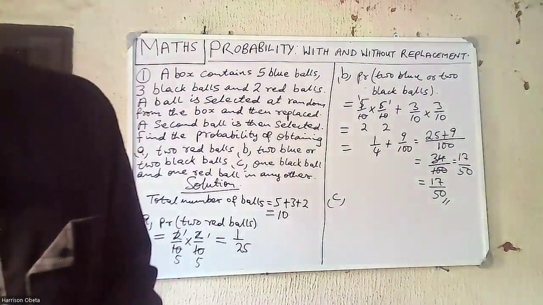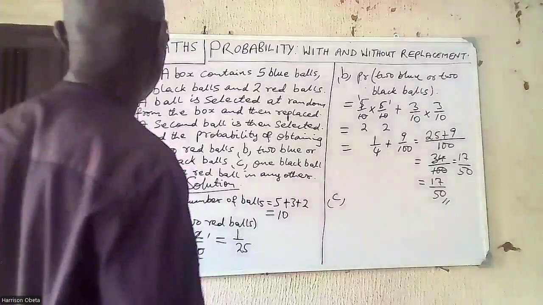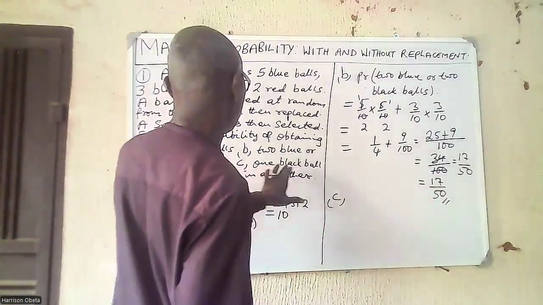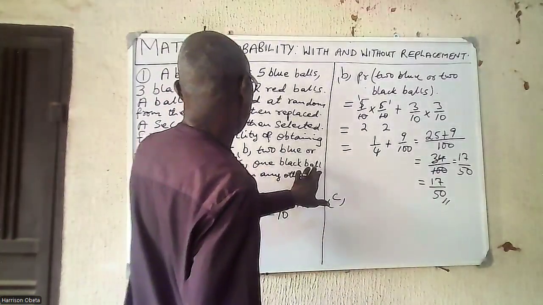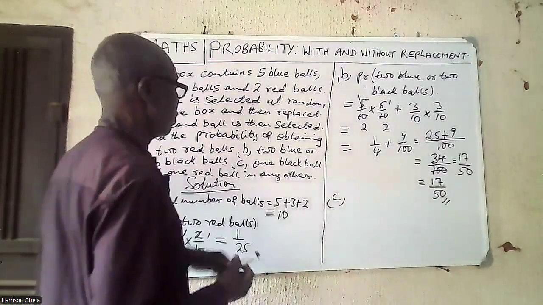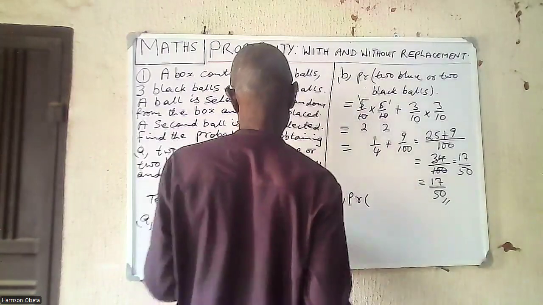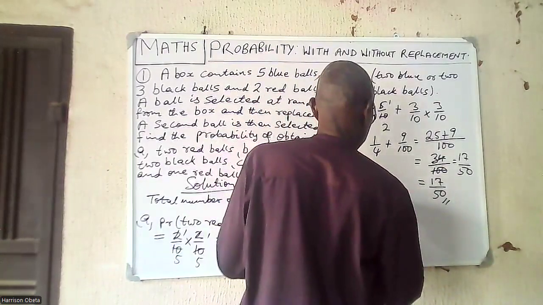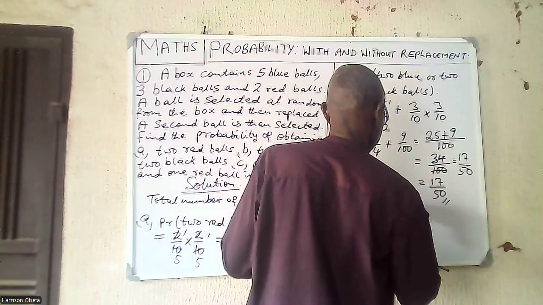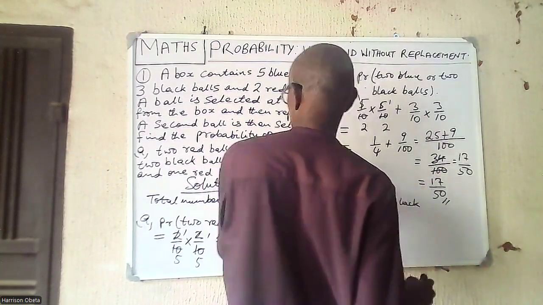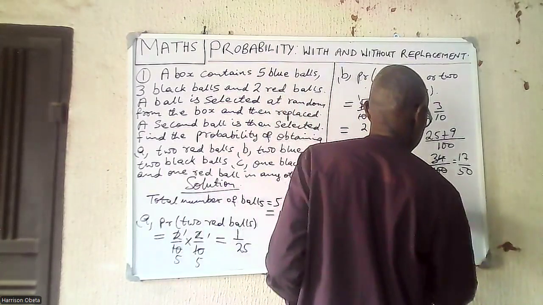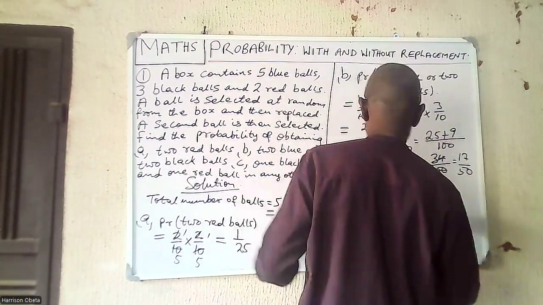So in C now, we were told to find the probability of picking one black ball and one red ball.